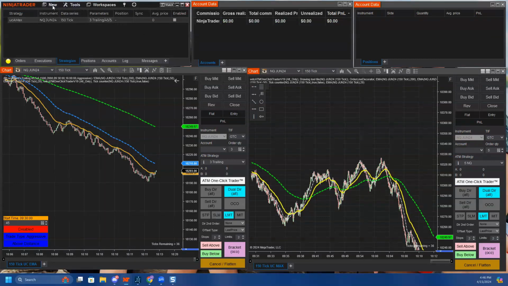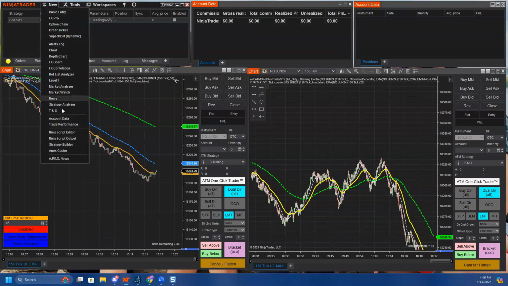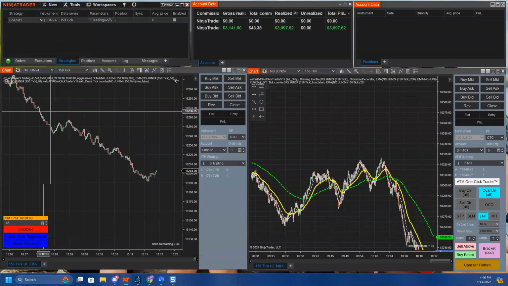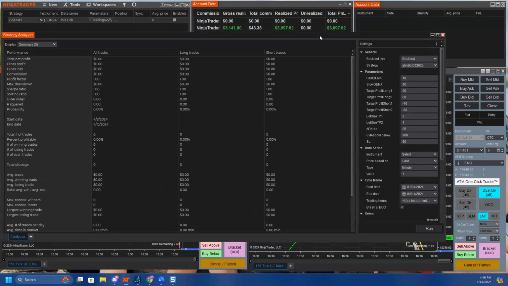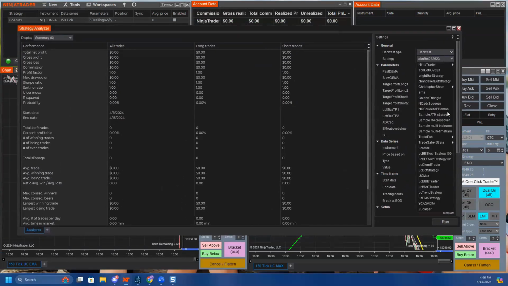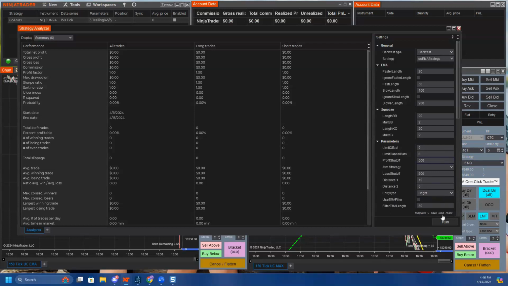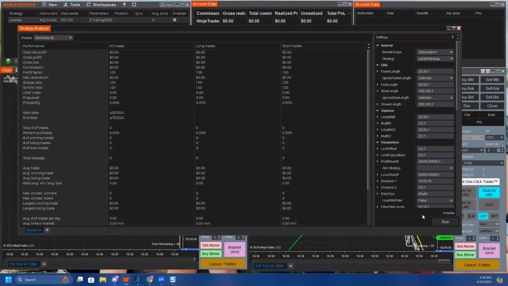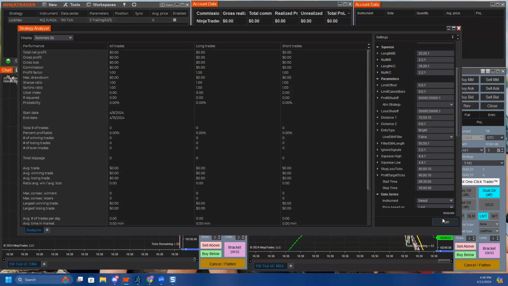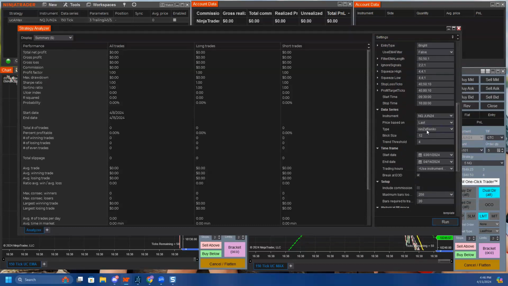Let it connect, and then let's go to strategy analyzer. Let's go to this one, EMA, and I think I saved that as a template. Let's run this thing. NQ, Ninja Renko. Let's run it for the month of March till April.